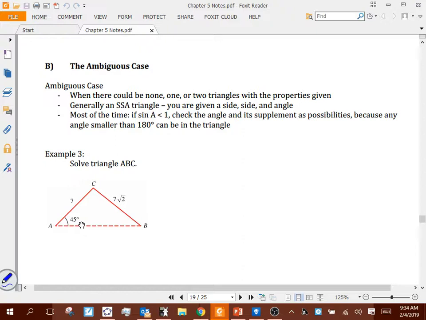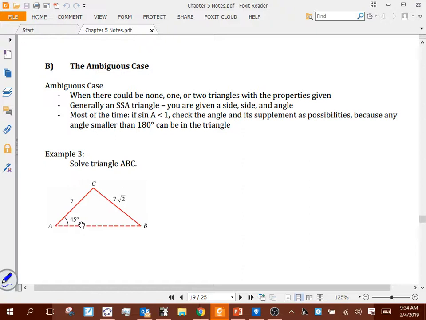No, it's left open to interpretation, right? Based on that name, it's not been defined for us. We're not 100% sure, okay? That's what's happening in the ambiguous case. We're not sure, based off the information they give us, whether we have 0 triangles, 1 triangle, or 2 triangles, okay? So we have to go through that process.